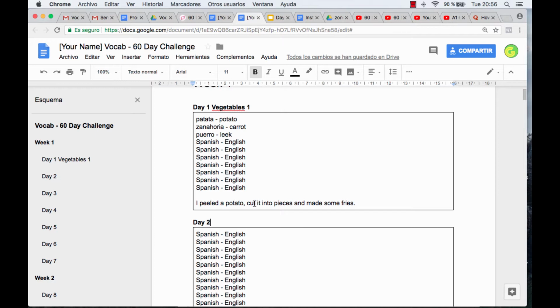It also helps the next player, okay? Because people are going to be able to use your lists and you're going to be able to trade your lists with other players. If they have a list that you find interesting, you can trade your list for their list, okay? And your sentence will help them to understand the meaning. And they will then write another sentence about the meaning of the word potato.